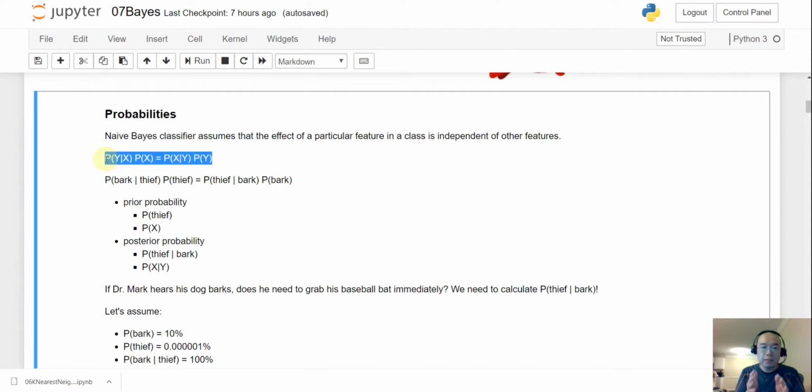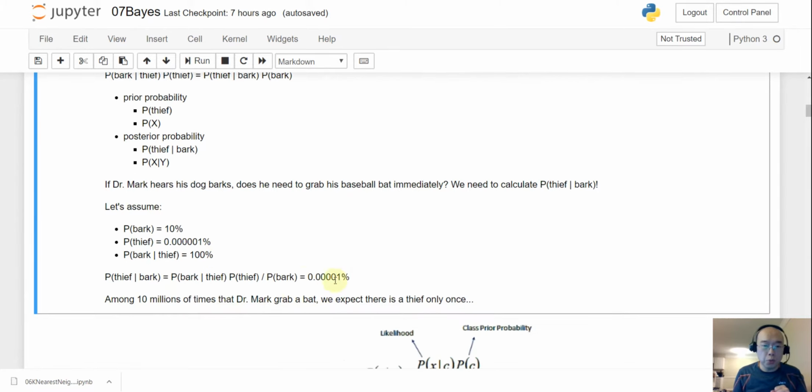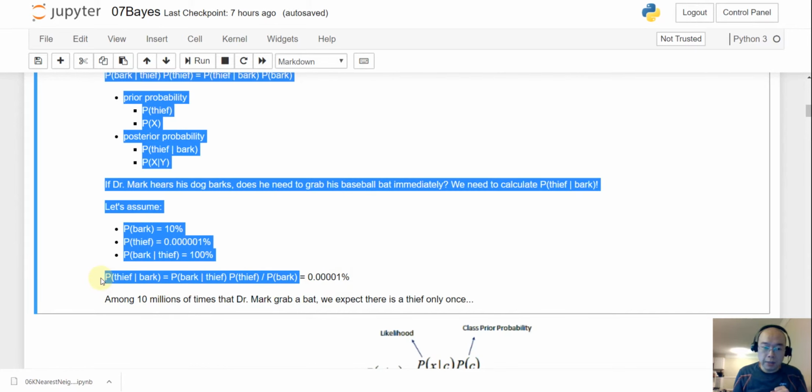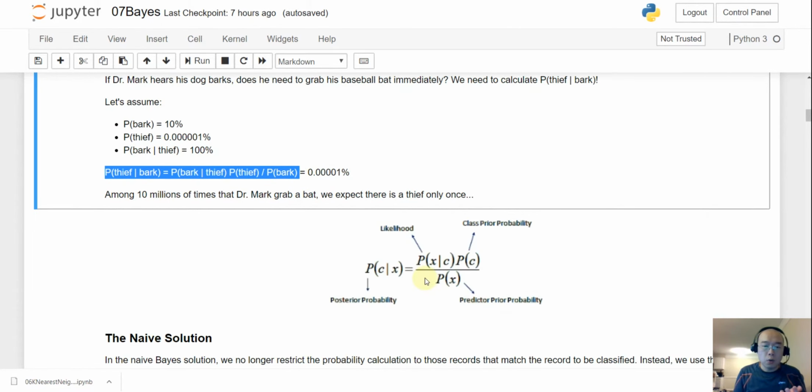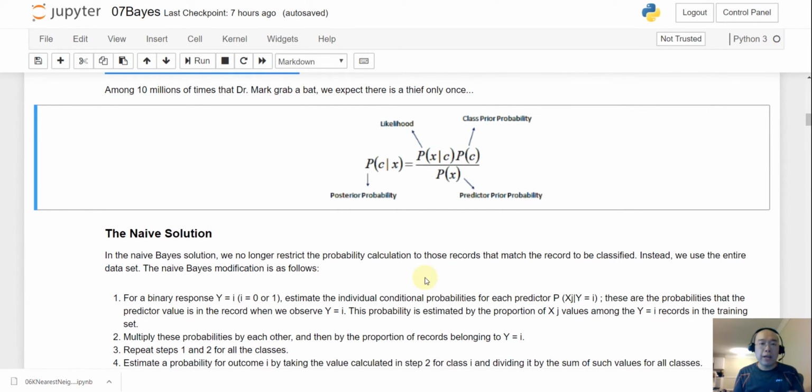If you know 3 terms and you want to know the remaining one, you simply do something like this. And that is the Bayes theorem.